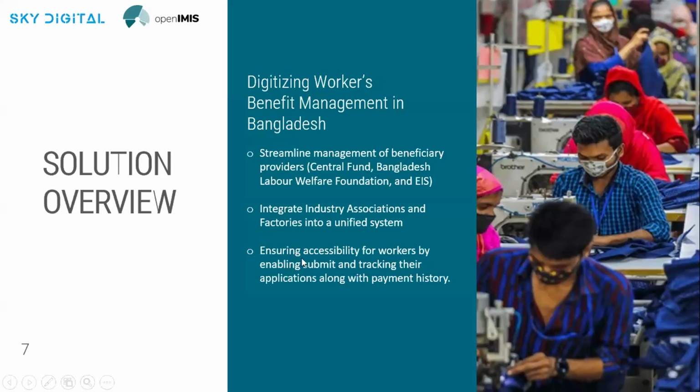And finally, we are ensuring the accessibility of workers by enabling them to submit and track their applications, and of course the payment history as well. So we have combined three types of stakeholders. One is the service providers: Central Fund, BLWF, and EIS. Then the intermediary organizations, those who are endorsing, basically factories and industry associations.